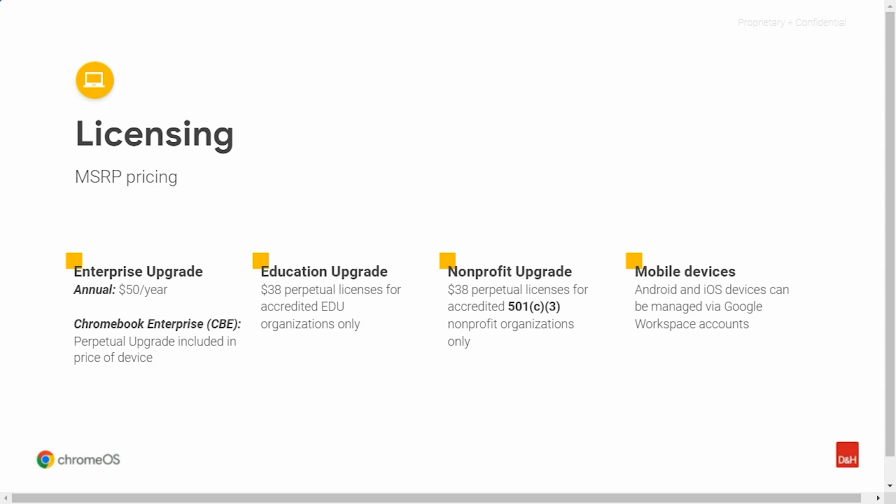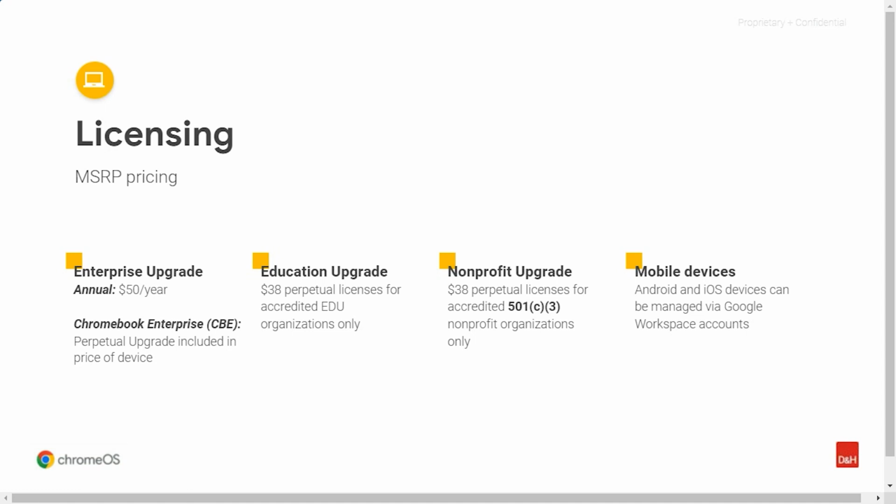The other thing that's super important to highlight is that the Chrome Enterprise upgrade, or any of the upgrades that you see here, are not to manage your Android devices or your iOS devices. They are strictly for Chromebooks and for ChromeOS Flex devices, and that's it.